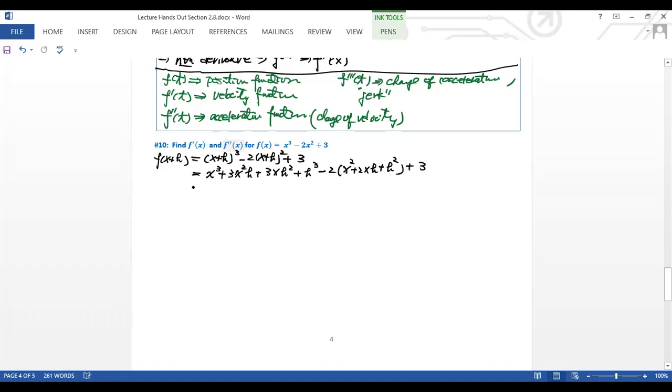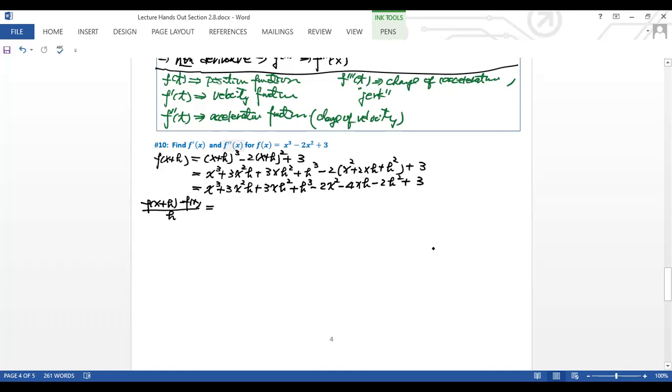Okay, so now use your algebra skill. This is x cubed plus 3x squared h plus 3xh squared plus h cubed minus 2x squared minus 4xh minus 2h squared plus 3 here. Okay, so now you want f of x plus h minus f of x over h.